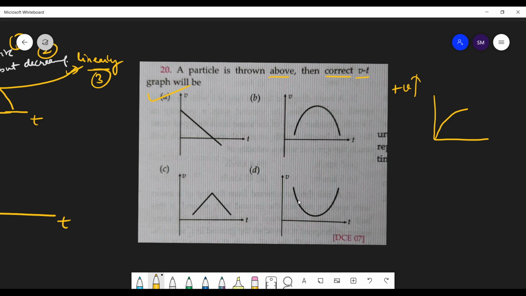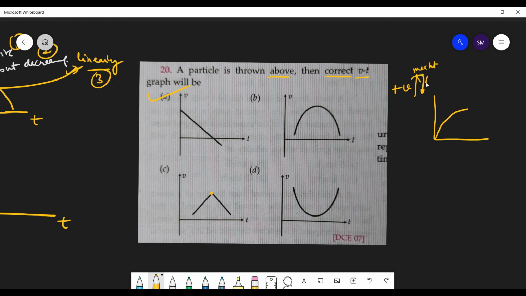Option A, sir. Why? Sir, because initially the particle goes in the positive direction above and then comes back with negative velocity. The particle has gone up. Okay. But I have told you just now that this is the maximum height, after the maximum height it will turn downward.